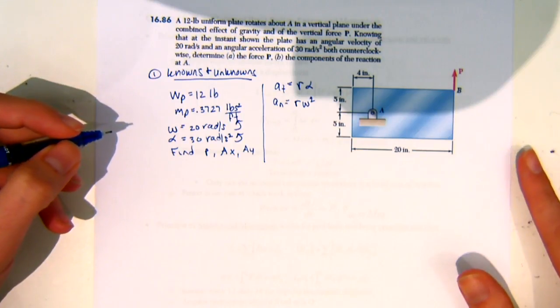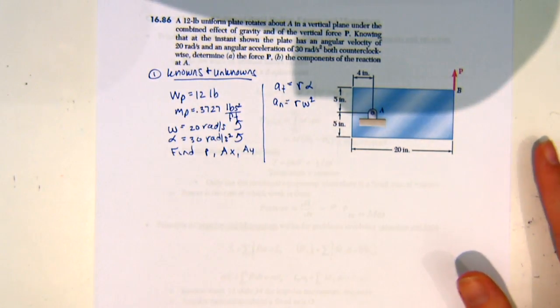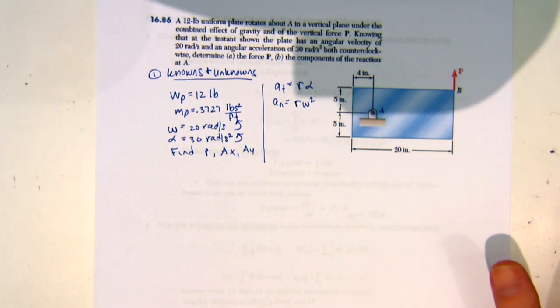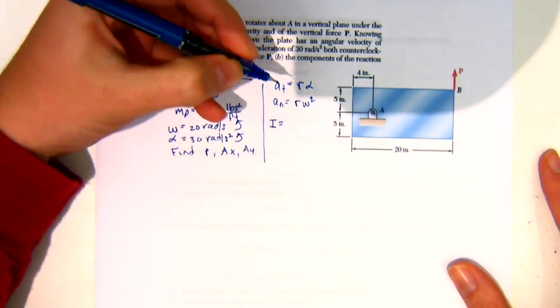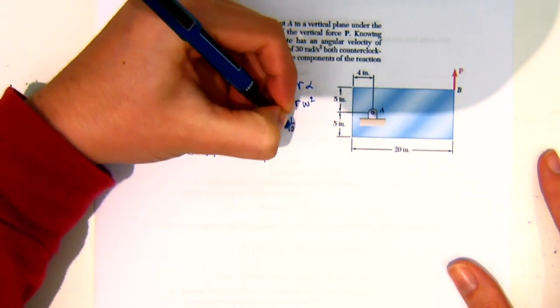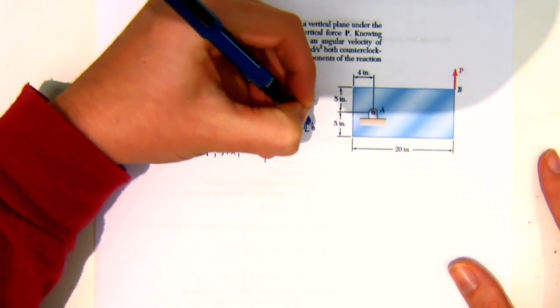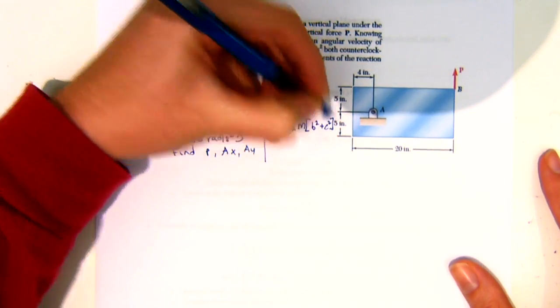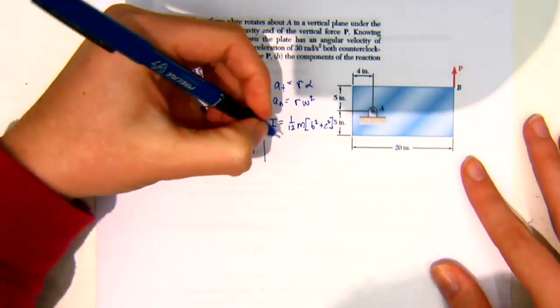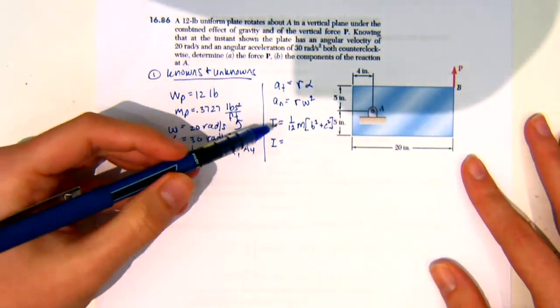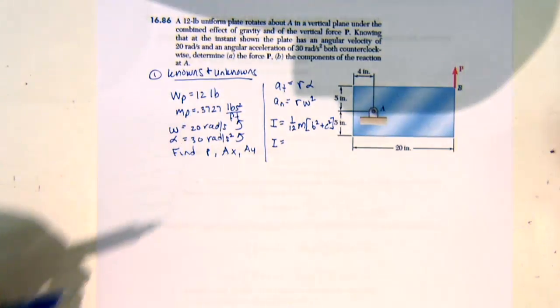For this one here, he's going to give you your equations for I values, but you know this thing is rotating, so you know you're going to have I. So I is 1 over 12 m times b squared plus c squared. So that's one length squared plus the other length squared. I got this equation from the back of the textbook. So I went ahead and just solved for the I. You have 1 over 12 times the mass, which is 0.37.